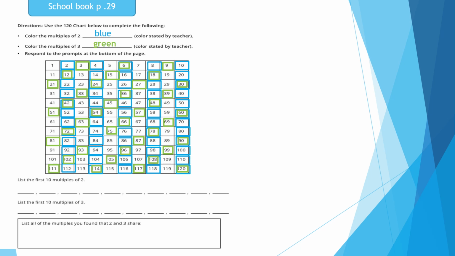So 3 is a multiple of 3. 6, yes, 6 is a multiple of 3. If we multiply 3 times 2 it will be 6. 9 will be a multiple of 3. 3 times 3 equals 9. 12: 3 times 4 equals 12. 3 times 5, 15, and so on.